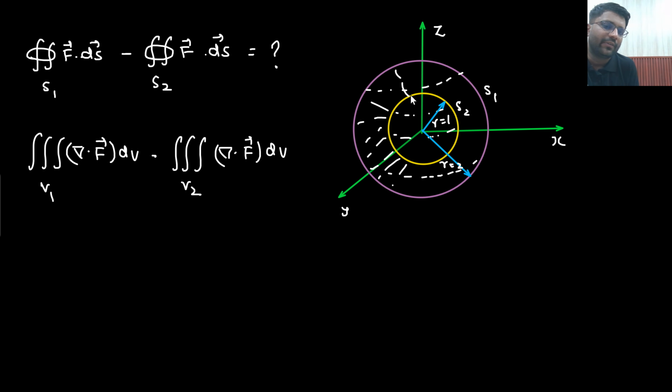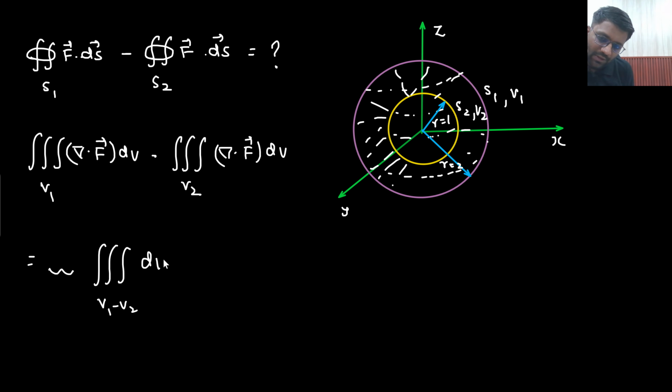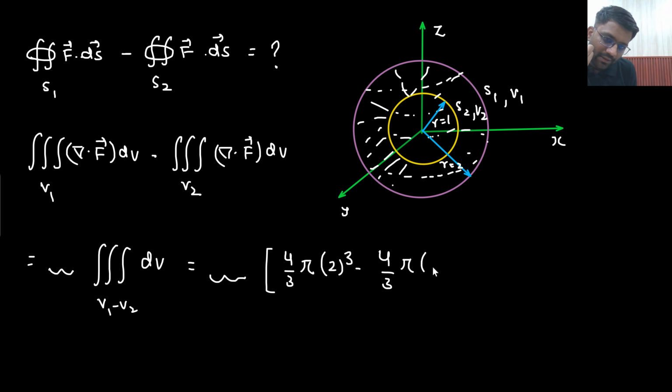The volume associated with the outer sphere will be v1, and the volume associated with the inner one will be v2. So what is the volume in between? Whatever answer I get for del dot f, I am supposed to integrate over v1 minus v2, dv. So what volume am I talking about? It is 4 by 3 pi r outer radius cube minus 4 by 3 pi r inner radius cube.